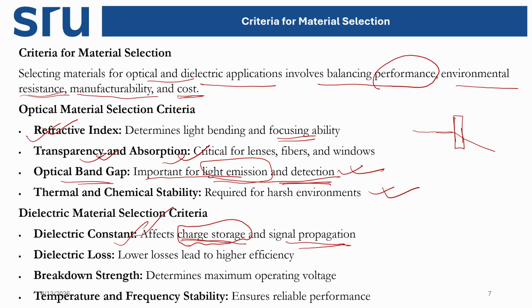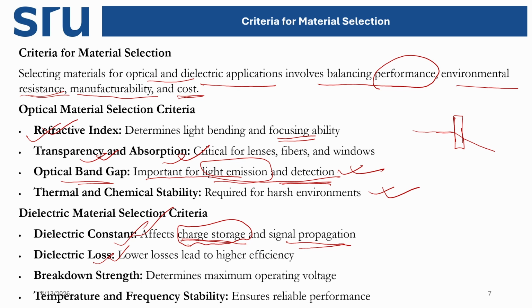at a higher rate. Then dielectric losses. Let's say we are applying an electric field, and we are not able to store all the energy there, so some kind of losses will be there. That's why it is essential to know the dielectric losses of that compound. If the losses are much higher, then we can't use it, it is not a suitable material, because we are providing the energy and it is being used for other purposes as well.